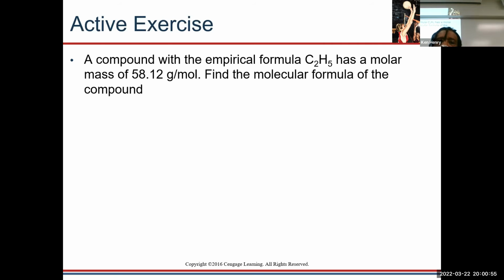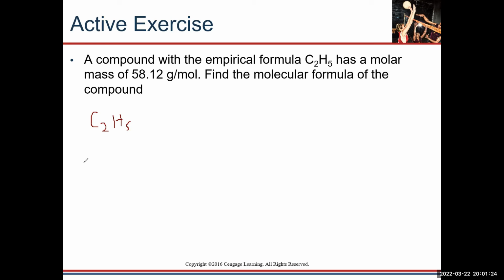Here is the empirical formula, C2H5. The first thing I want to do is find the molar mass of the empirical formula. So how would I find it?